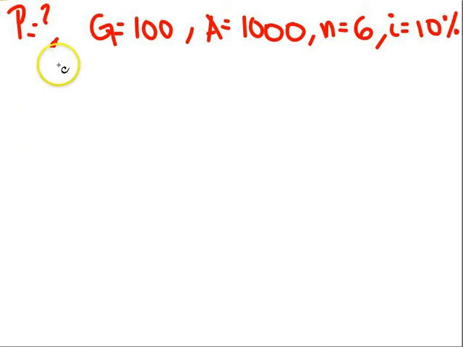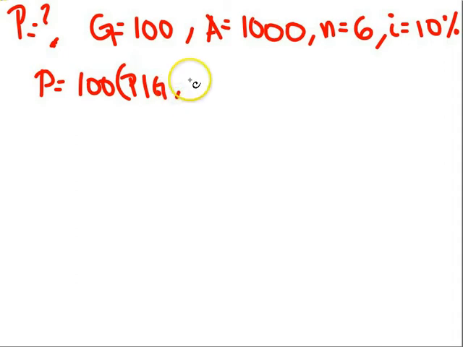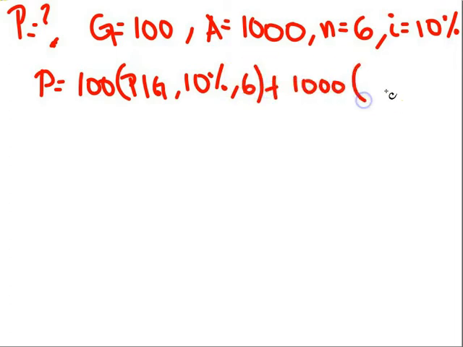So the equation that defines this problem is P equals the gradient, which is 100, times P given G, with the interest rate of 10% and the number of periods being 6, plus 1000 times P given A for 10% and 6 periods.